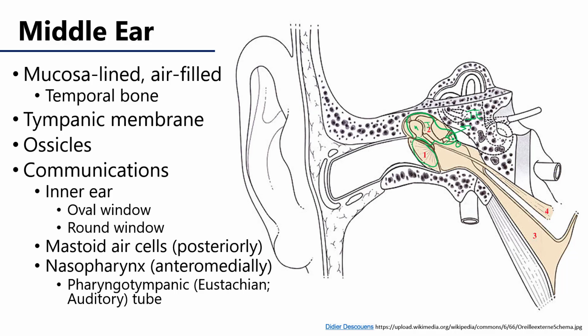There are also posterior communications in the middle ear to the mastoid air cells of the temporal bone, and anteromedial and somewhat inferior communications to the nasopharynx via the pharyngotympanic tube, also known as the eustachian tube or just the auditory tube.